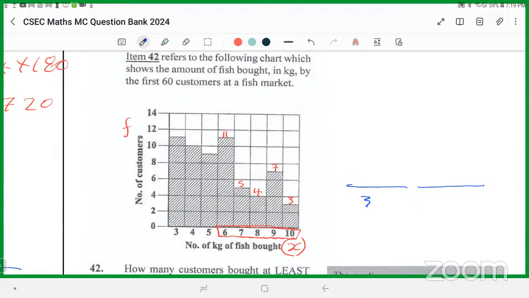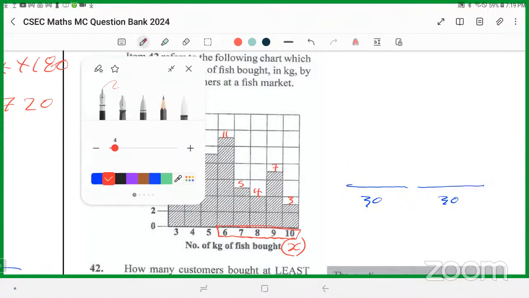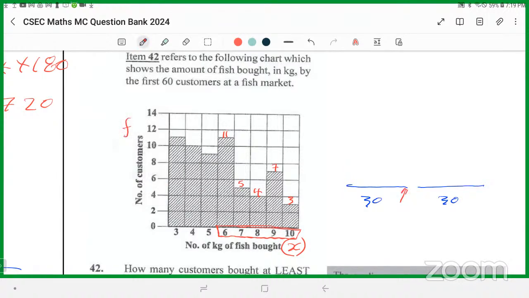Divide them 30 and 30. So the median is the average of the last person down here and the first person over here. That's the 30th and the 31st. The average in kilograms of fish picked by the 30th person and the 31st person.